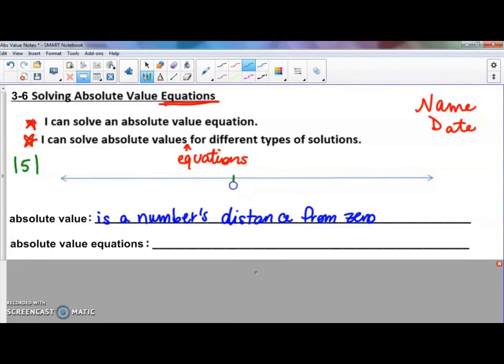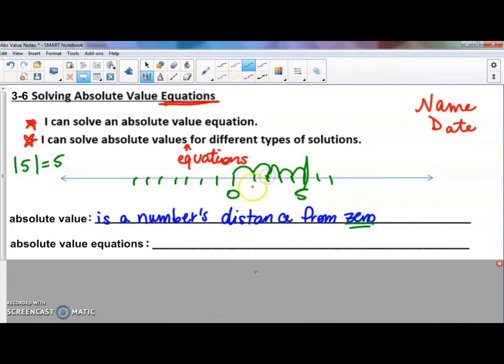Well, if we have 0 here in the center of our number line and we have so many tick marks in every direction, what is 5 away from 0? Well, 5 is. So, from 0, you go 1, 2, 3, 4, 5. So right there is 5. So 5 is 5 away from 0.